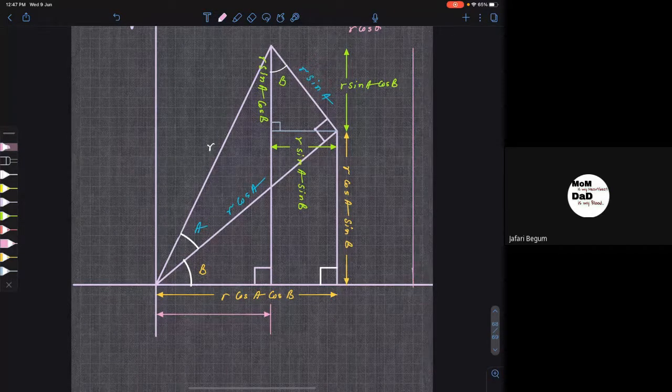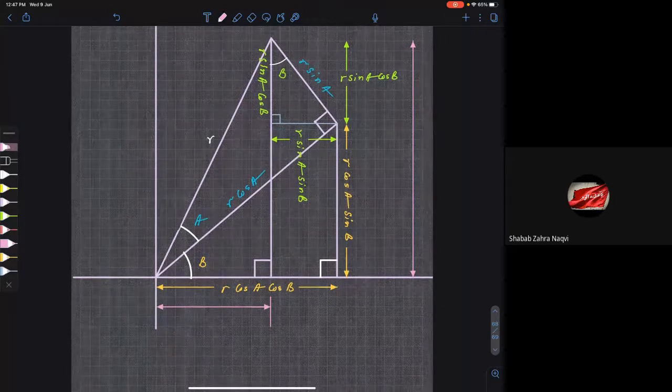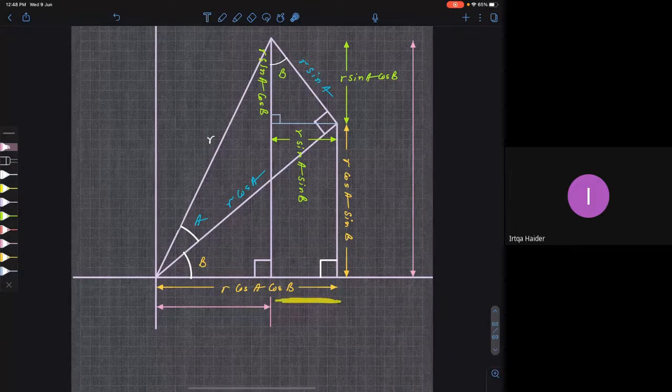Are you getting my point? Yes, sir. Now tell me, in order to get this pink side, what should I do? I should subtract this side from this side. Do you agree? Yes, sir.